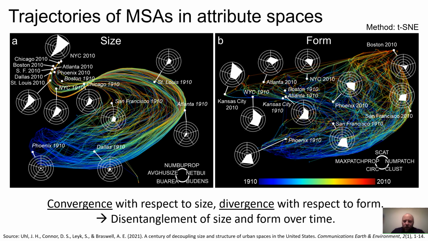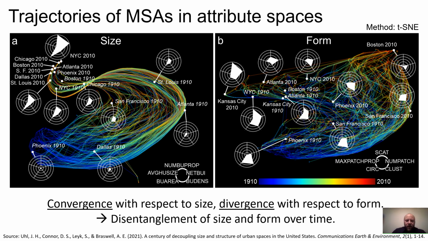Each region of this two-dimensional space has different underlying combinations of the input variables, which is shown here in these spider diagrams. You can see, for example, Kansas City in 2010 has a high level of scatteredness, whereas cities located down here, such as Phoenix in 1910, have a high level of clusteredness, as an example.